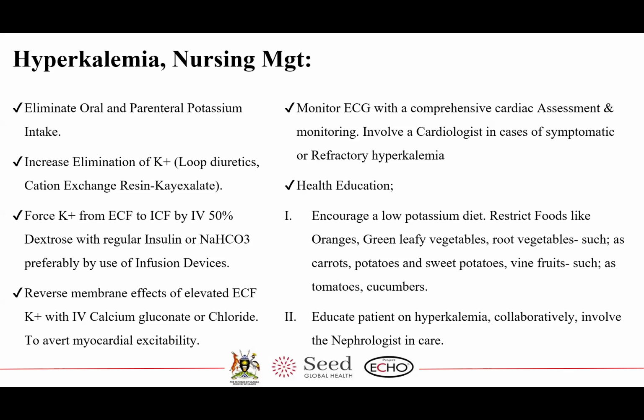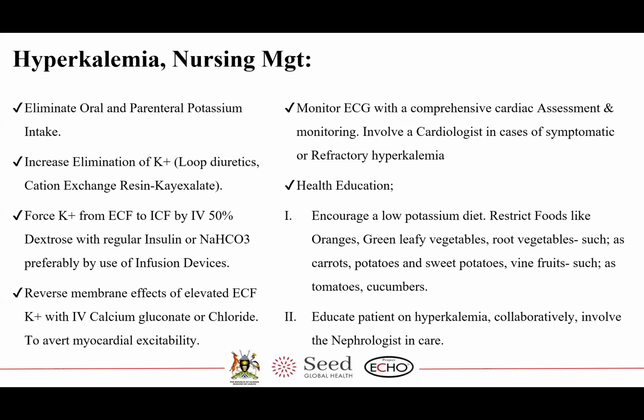So an RBS is supposed to be done here on a regular basis to ensure that you don't send your patient into hypoglycemia. Then you'll also give your IV calcium gluconate to avert the myocardial excitability and lessen the chances of your patient exacerbating and reaching a cardiac arrest.